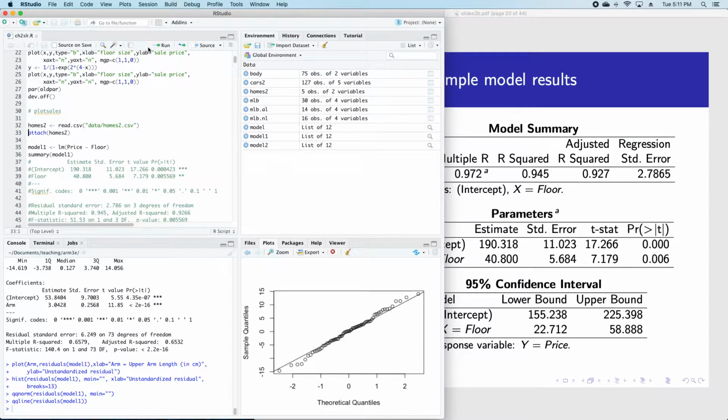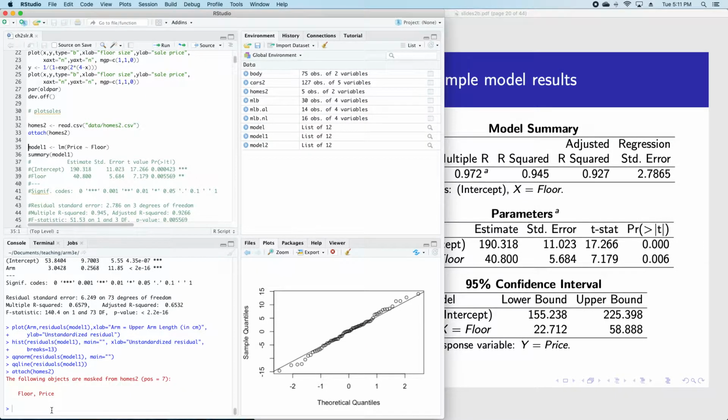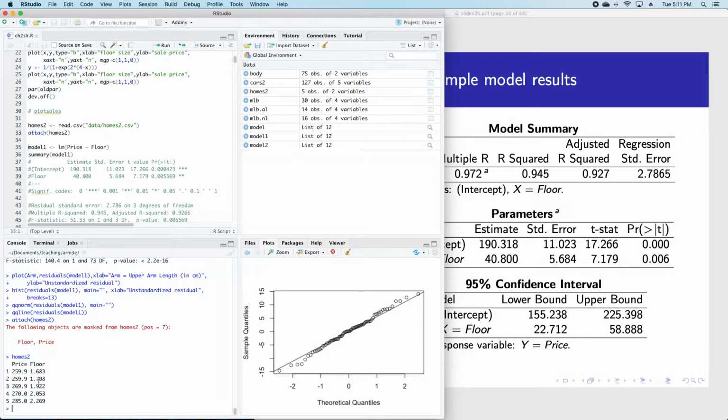So if I just remind you what that data looked like, we've got 5 houses with sale prices and floor sizes. Sale prices in hundreds of thousands of dollars and floor sizes in thousands of square feet.